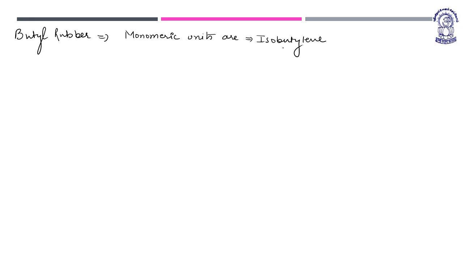Next comes butyl rubber, which is a polymer of the monomeric units isobutylene, 98%, plus isoprene, that is 2-methyl 1,4 butadiene, 2 to 3%.